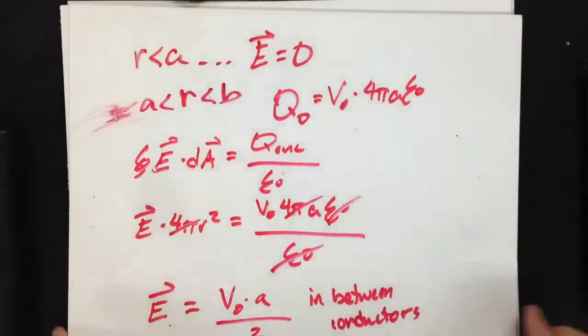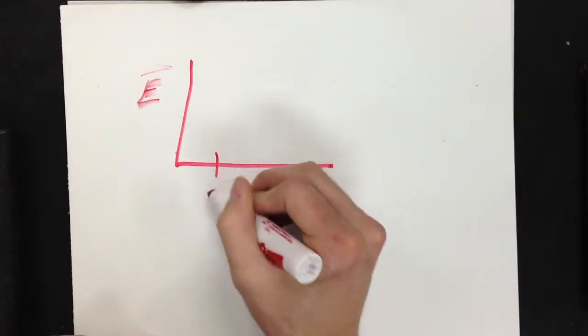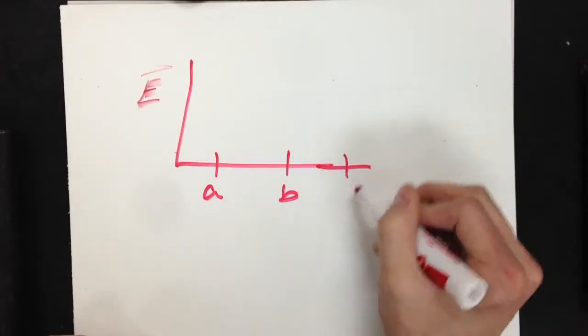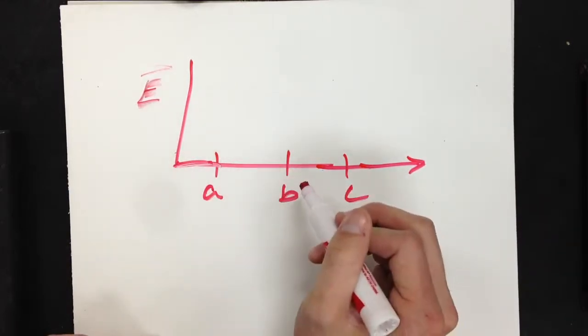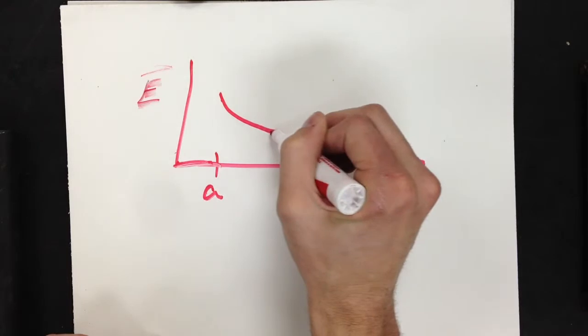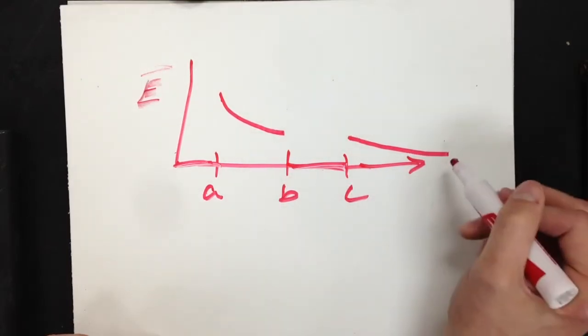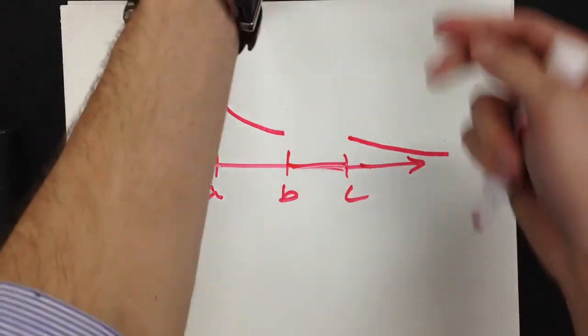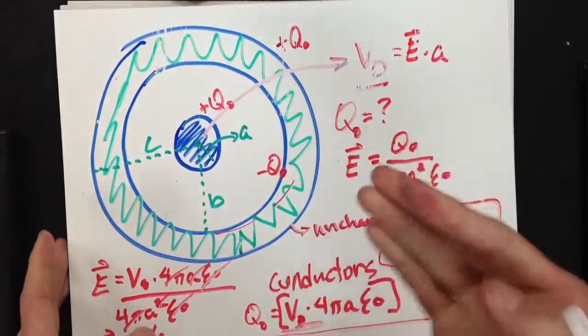So on my electric field graph versus position, if I go A, B, C, from 0 to A, my electric field would be 0. In this region, it would be like this, 0 again, and then it would pick up right where we left off. The reason it picks up right where we left off is because this outer shell was initially uncharged.